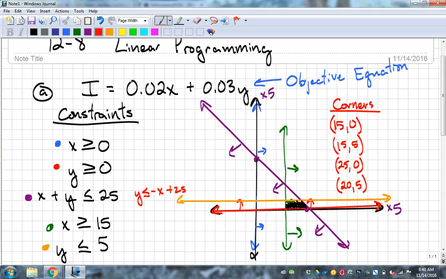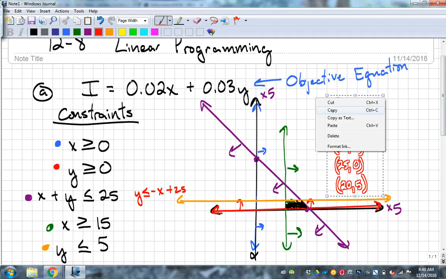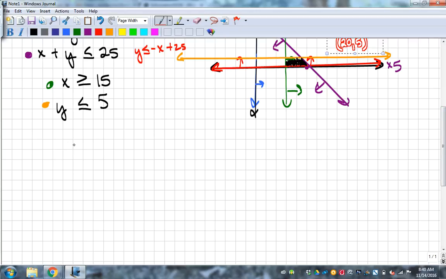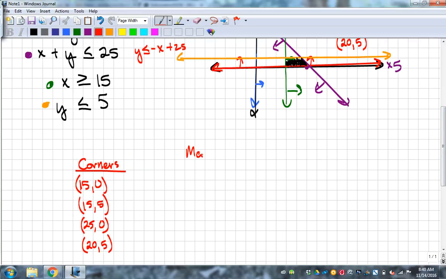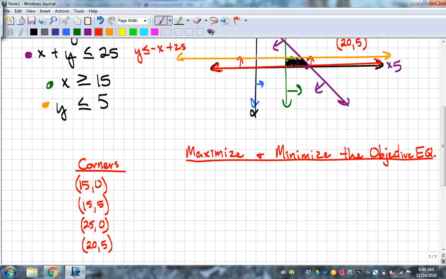Next thing to do is to maximize or minimize using those corners. We're going to do both on this problem: maximize and minimize. What that means is plug those in as x and y into the objective equation and get what the result is.